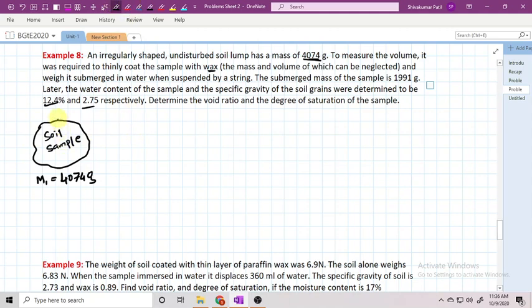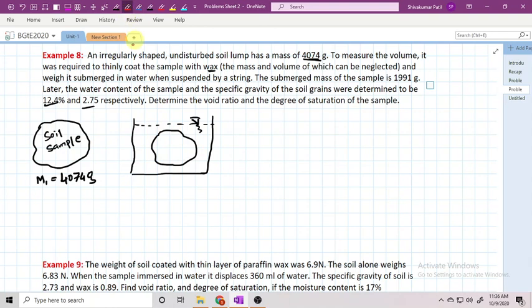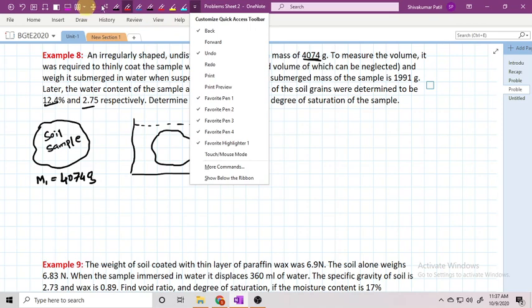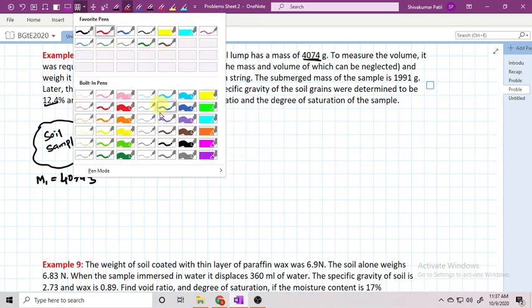They will attach some string to it and immerse it into the water. Let me draw here. This is some tub or container where you can immerse your soil sample, and this is your water. The same soil sample has a small thin coat of wax around it.